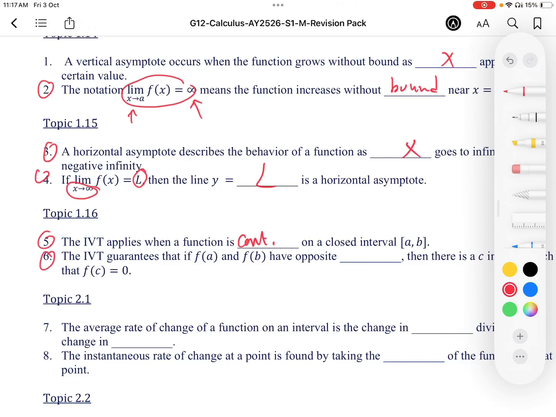The IVT guarantees that if f of a and f of b have opposite signs, this is the second condition. When you are getting f of a equal to something positive and f of b equal to negative something, then for sure it will cut the x-axis.